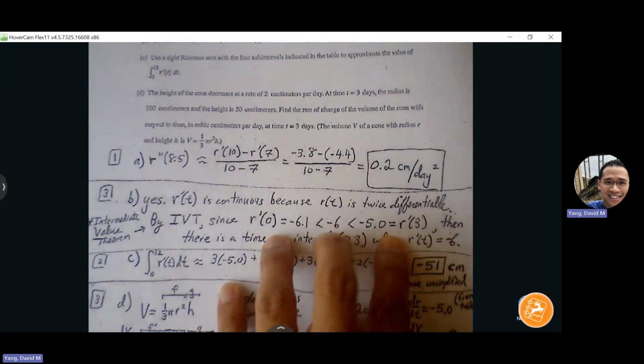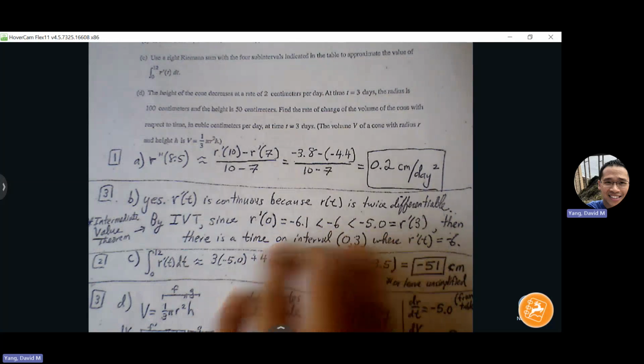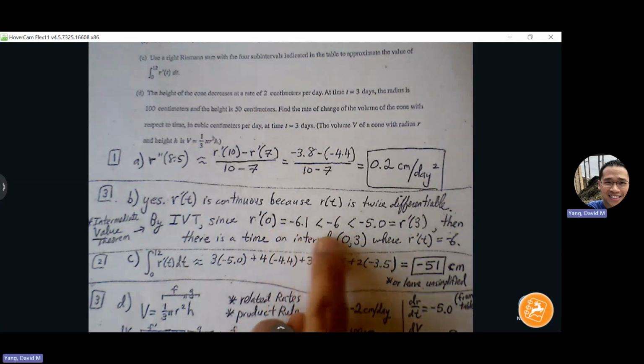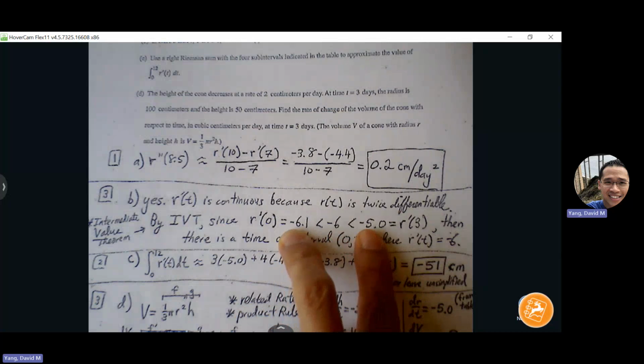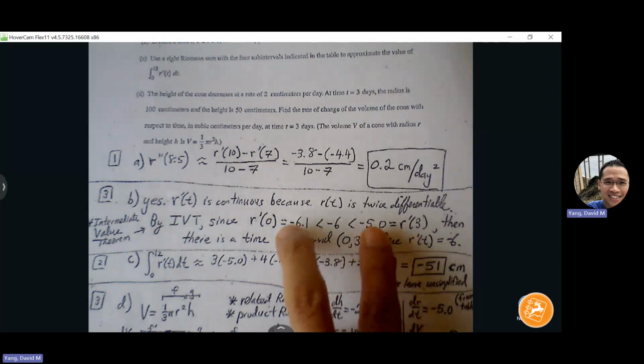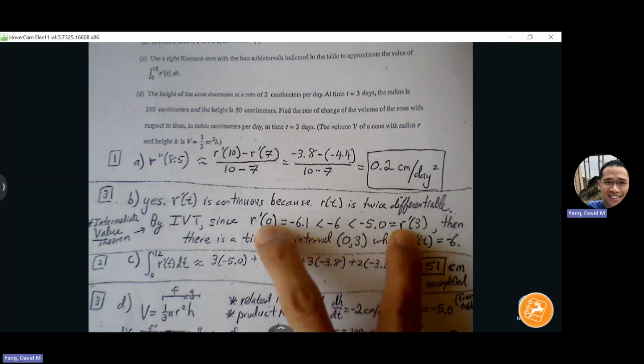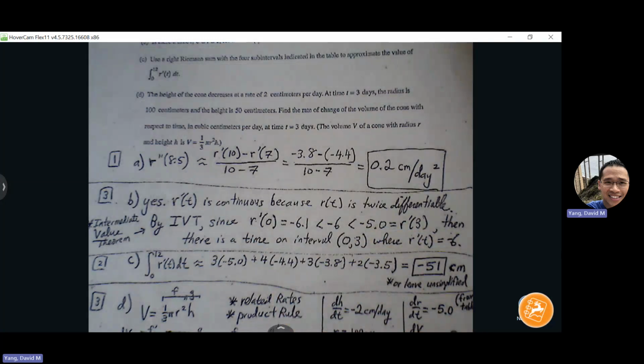So I think this is the most efficient way of doing it. You can do it other ways, but the grader wants to see that you're picking two values to prove that there's a value below and above. And then I'm also indicating where those are coming from. Those are coming from the endpoints. So I think this is the most efficient way of getting that information out, but this is not the only way.